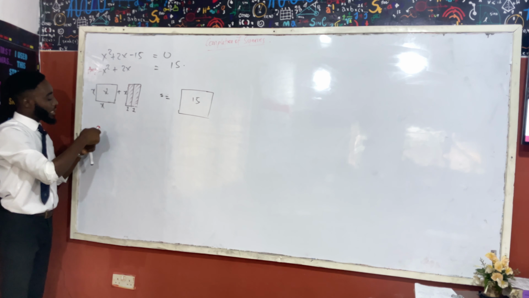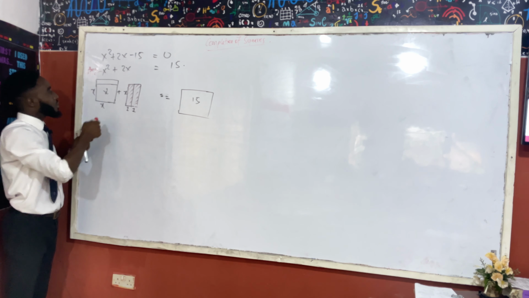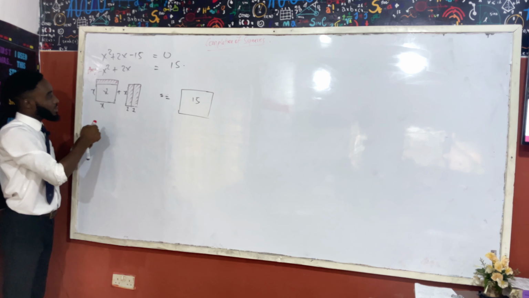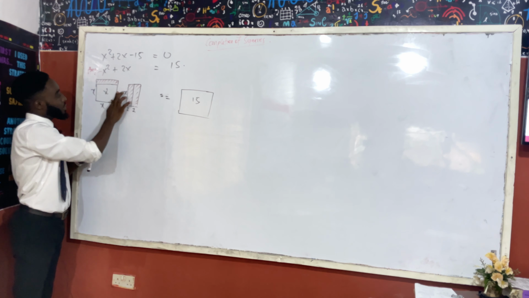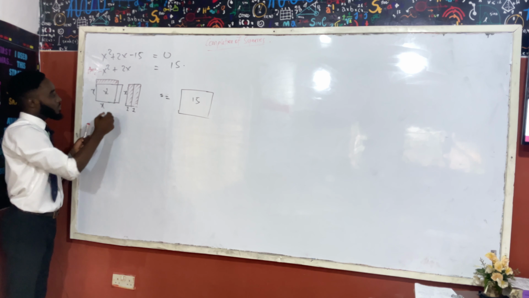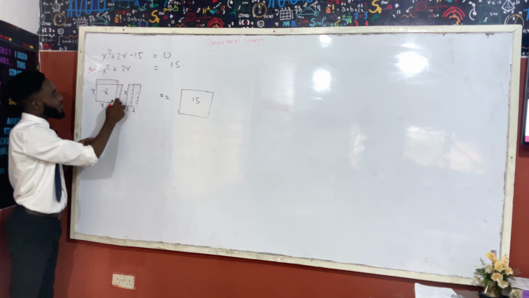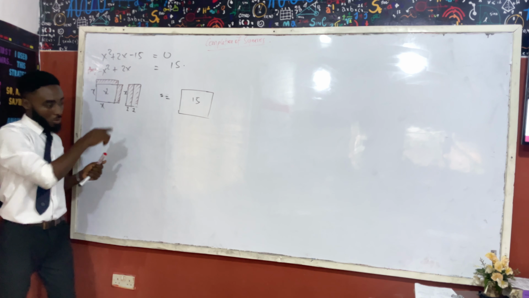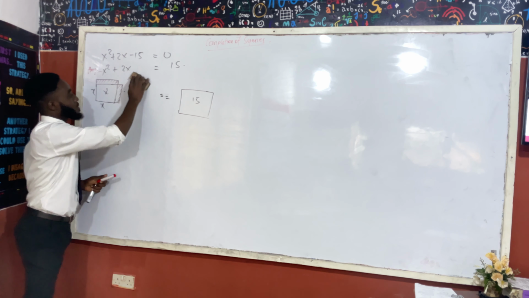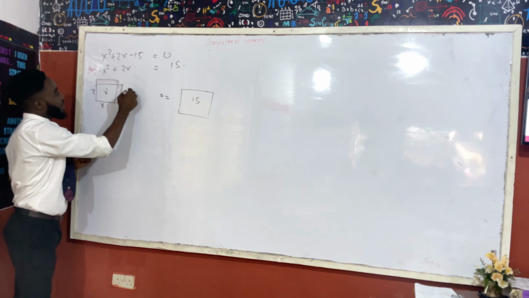So I have something like this. Just lifting this and putting it at this side. And then I can take this other side as well, put it here. So this is gone. The whole of this is gone.